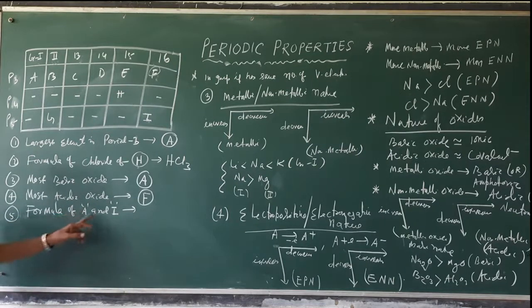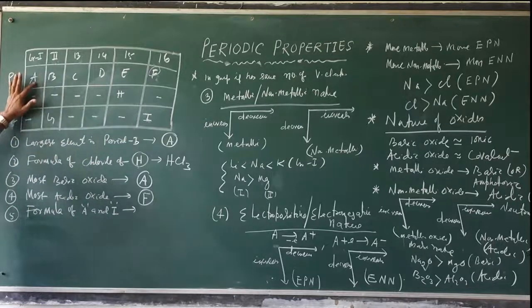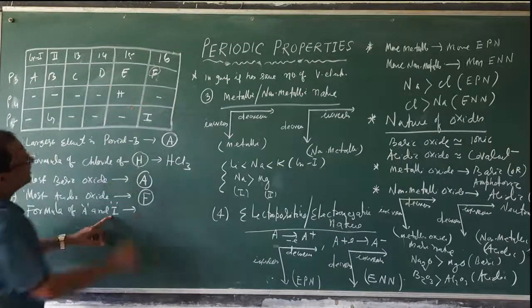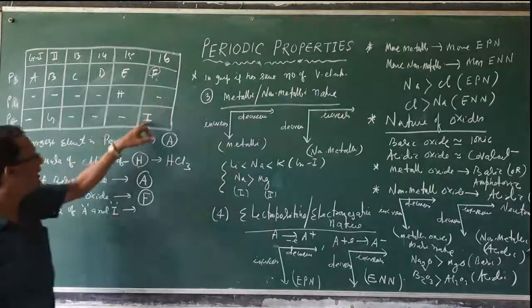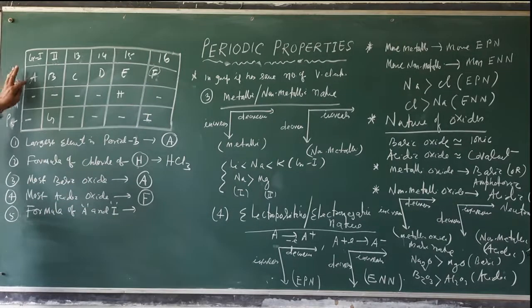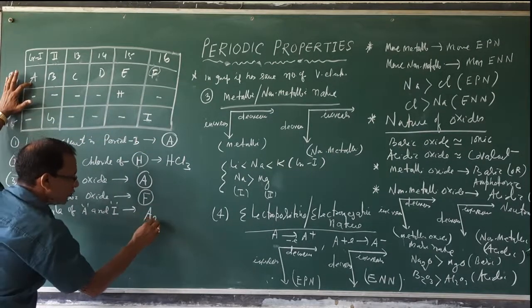Then the formula of A and I. Taking A and I, A is group 1, valency 1. And I is group 16, which means valency 2. So the valency of I is 2, the valency of A is 1. So what is the formula?